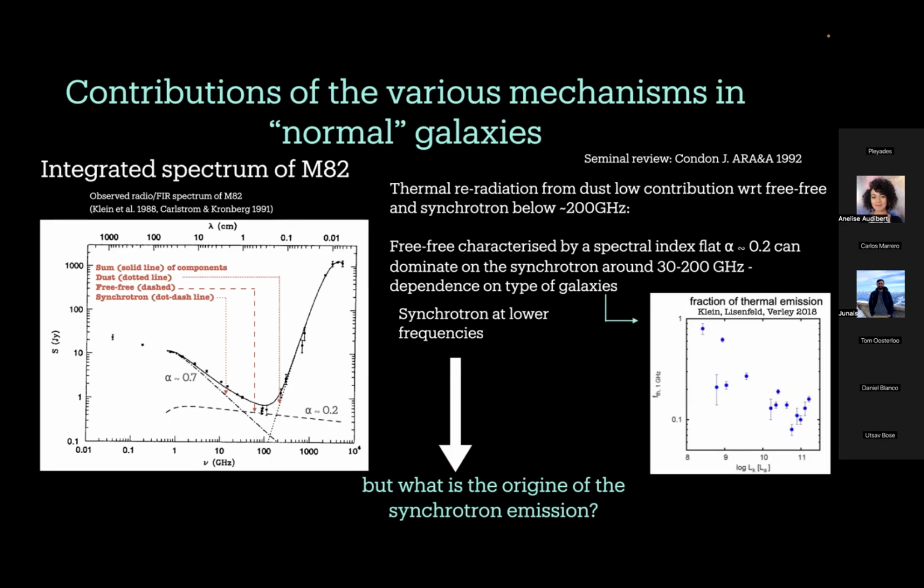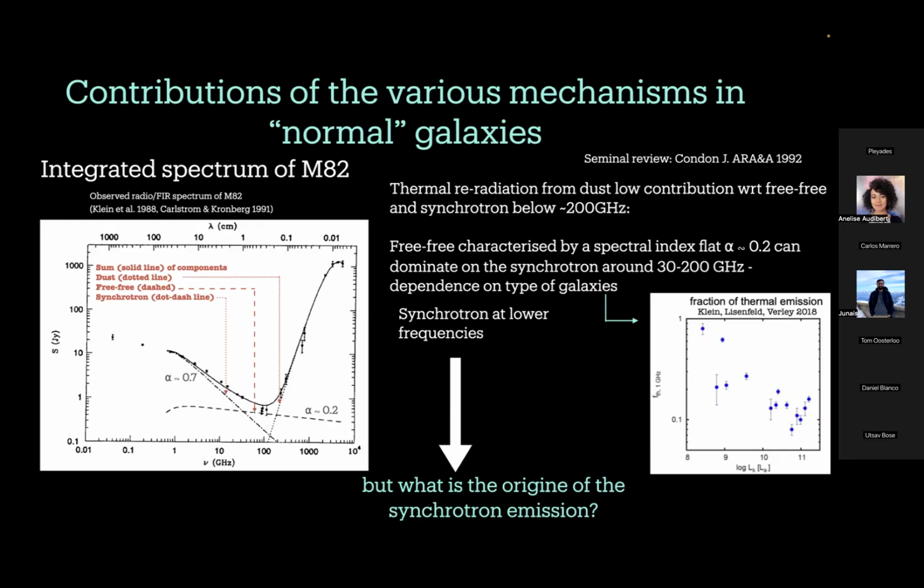And what you see here are actually three components. One is the dust re-radiating, but that happens only at higher frequency for radio, above 200 gigahertz. Then you have the free-free component, quite flat, as I mentioned before.